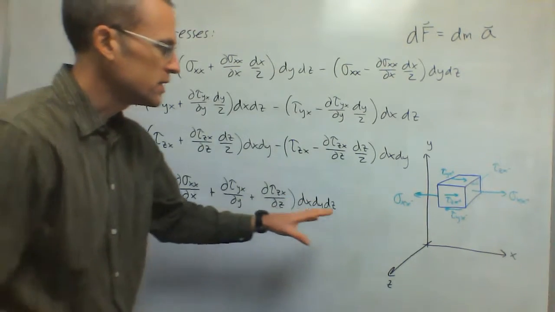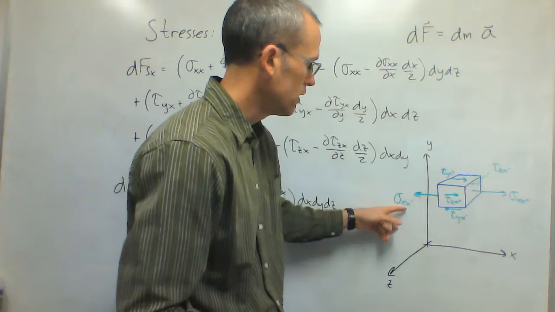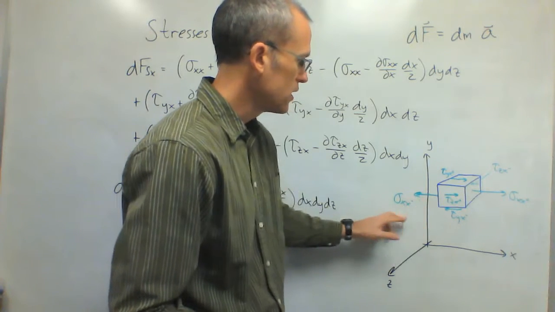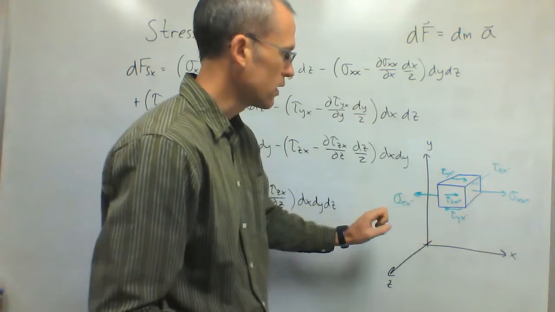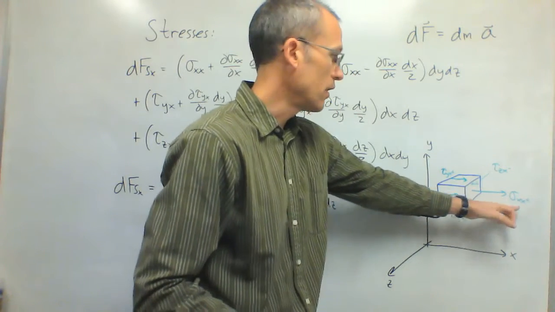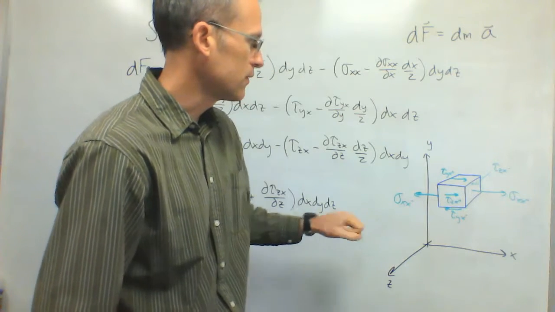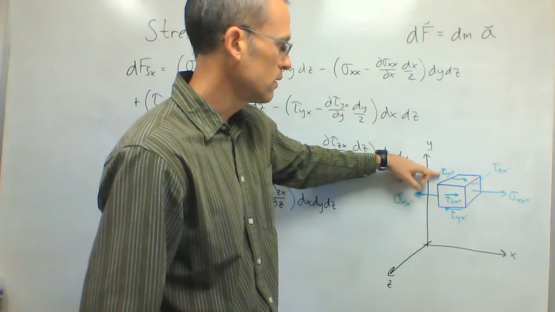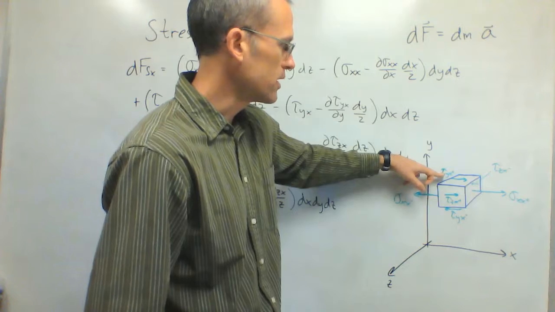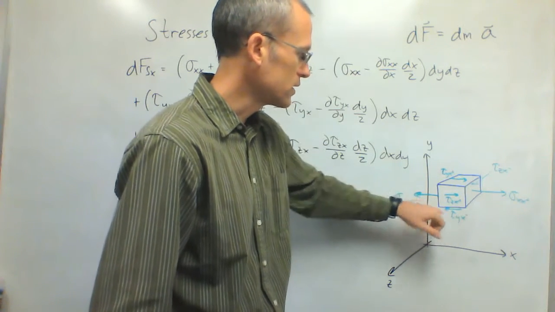So as I said, my stresses: I have a normal stress sigma acting on the negative x face, sigma xx minus, and sigma xx plus on the positive x face going in that direction. I have tau yx on the positive y face going in that direction, and tau yx on the negative x face going in that direction.